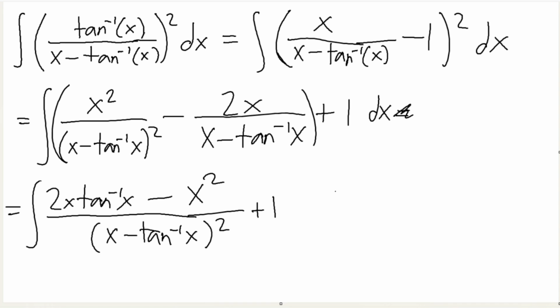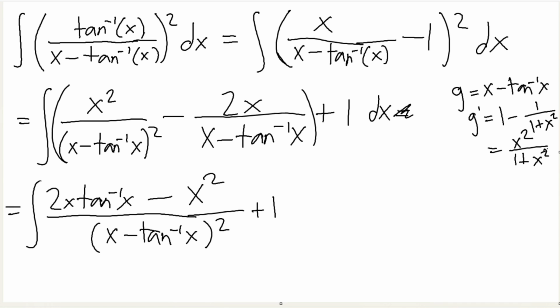Now, how do we find this? Reverse quotient rule. So g is equal to x minus inverse tangent. g prime is 1 minus 1 over 1 plus x squared. And this is actually the same thing as x squared over 1 plus x squared.